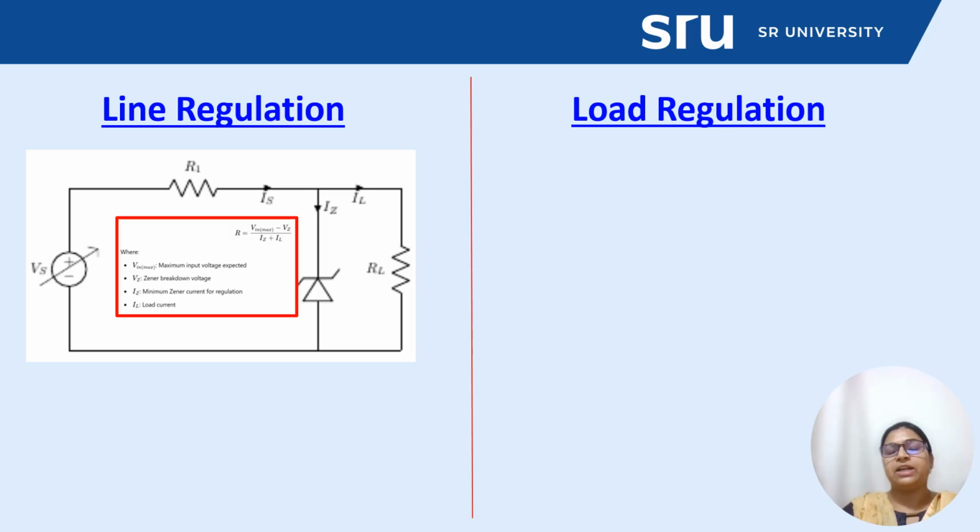In simple terms, if the input voltage increases or decreases, does the output voltage stay stable? Yes. So how does line regulation work? There are three points to remember: the Zener diode is connected in reverse bias across the load.